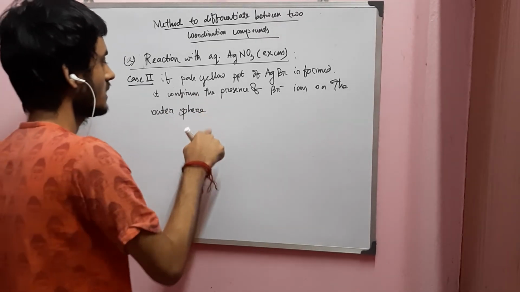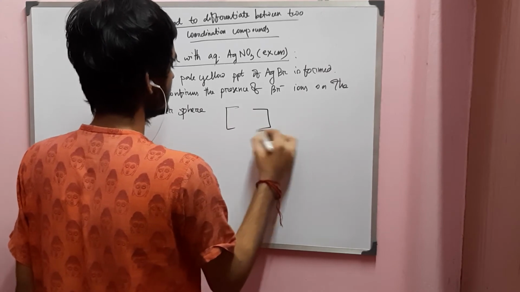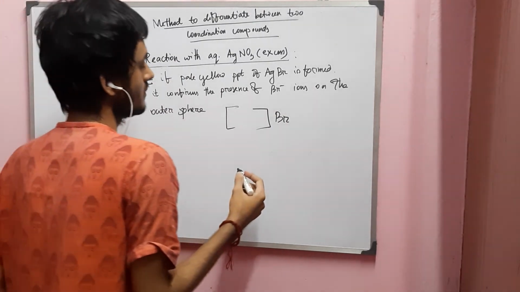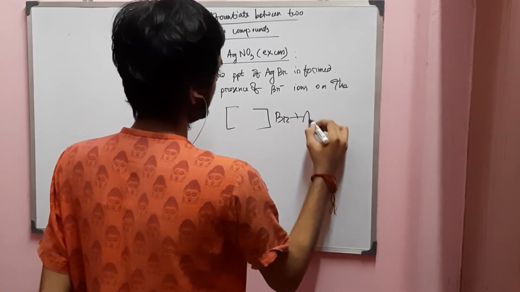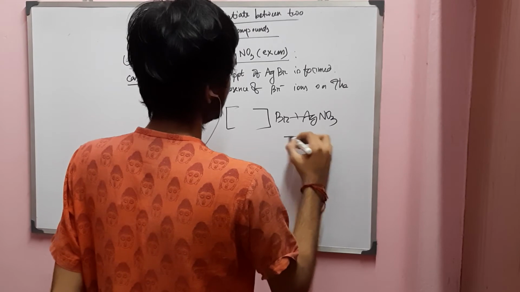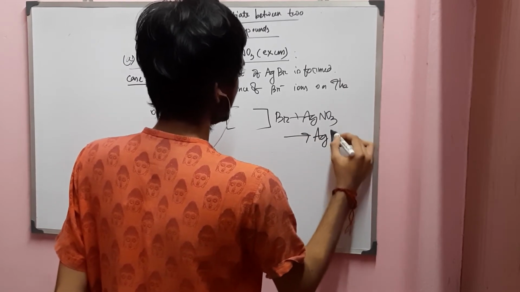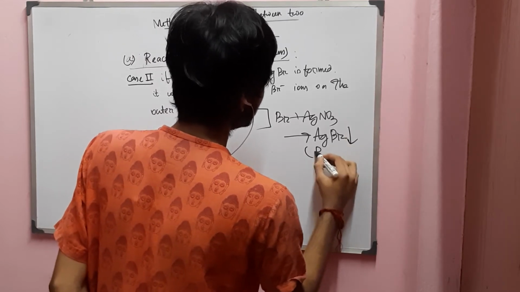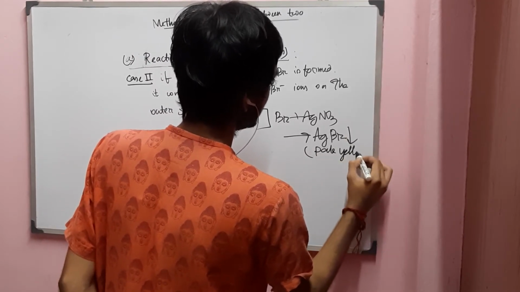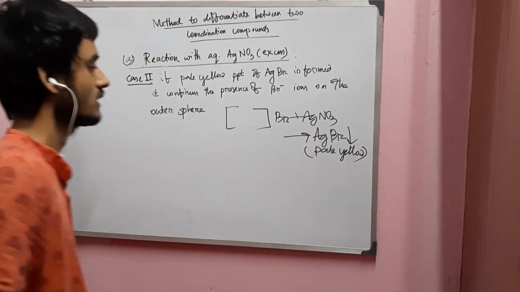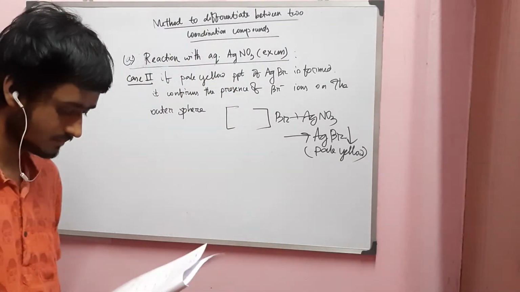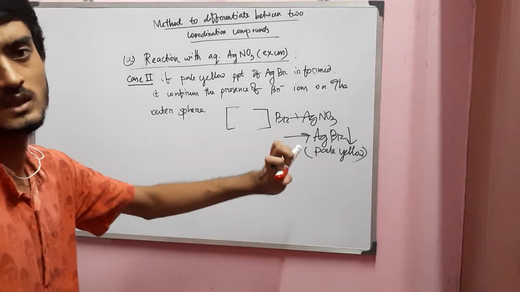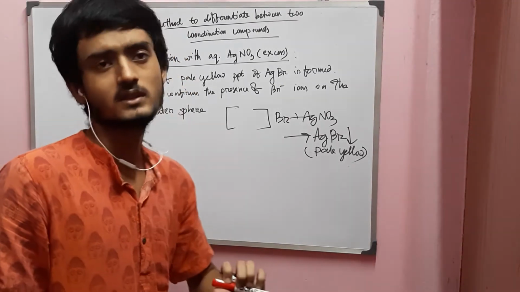What I mean to say is that suppose this is a complex and there is a Br minus ion outside the coordination sphere, and it is treated with aqueous AgNO3, then it will give rise to AgBr precipitate, which is pale yellow in color. Okay, this is the concept, and I will not be taking the previous examples because they are the same.